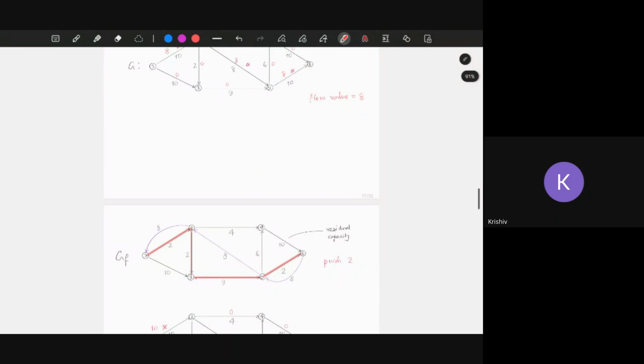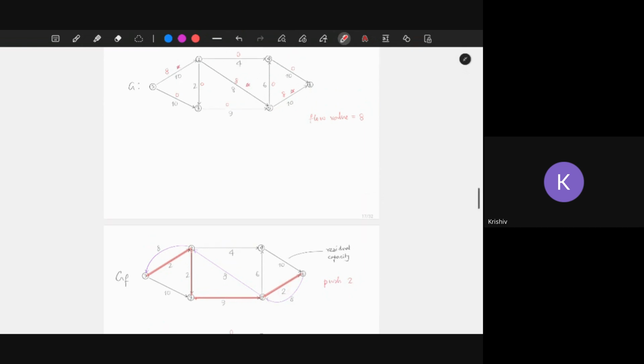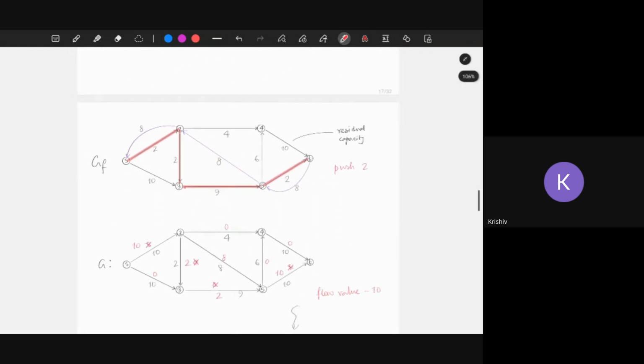So here we have sent 8, so we send 8 back, and put 10 minus 8, 2 here, like this. I have 8 here, and we can't put any forward edge here because it is 0 anyway. But we still have 2 remaining here.